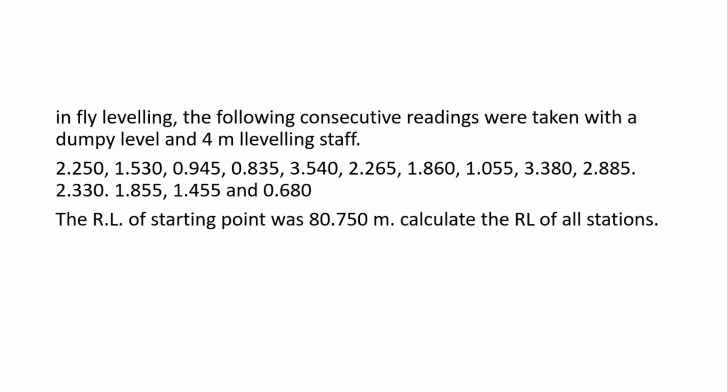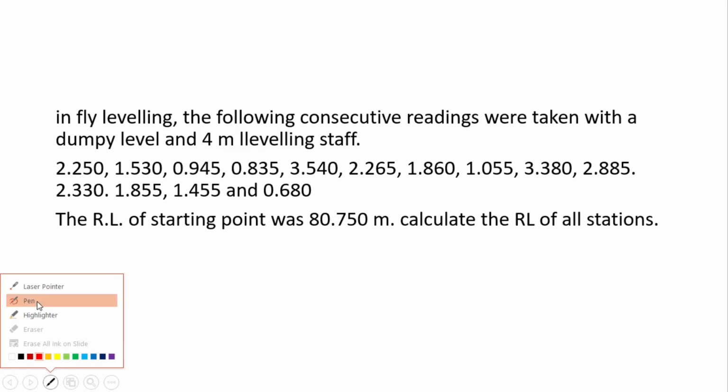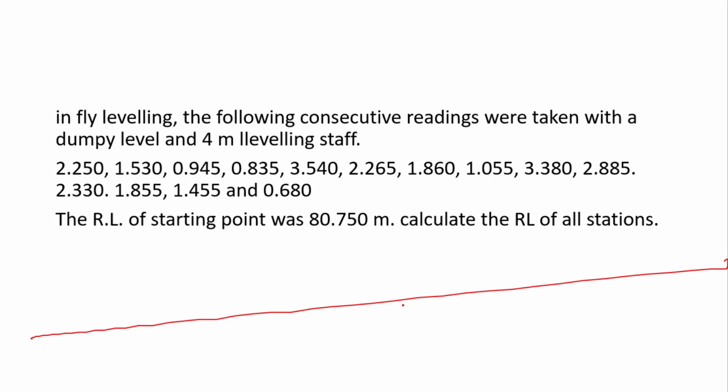In fly leveling, first of all you should know the purpose of fly leveling. Suppose this is the ground, and A and B are two points on the surface which are far apart. Suppose this is your tripod.